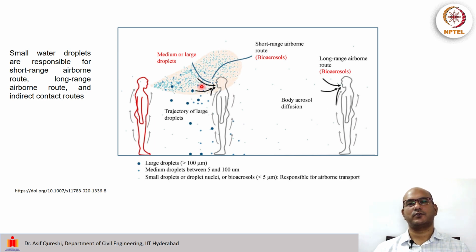This person is of course also inhaling the small droplets, and the small droplets can also go a longer distance to another person, and they may be attached to other surfaces in between or other people's clothes, and when they are vibrated, these aerosols will be suspended.